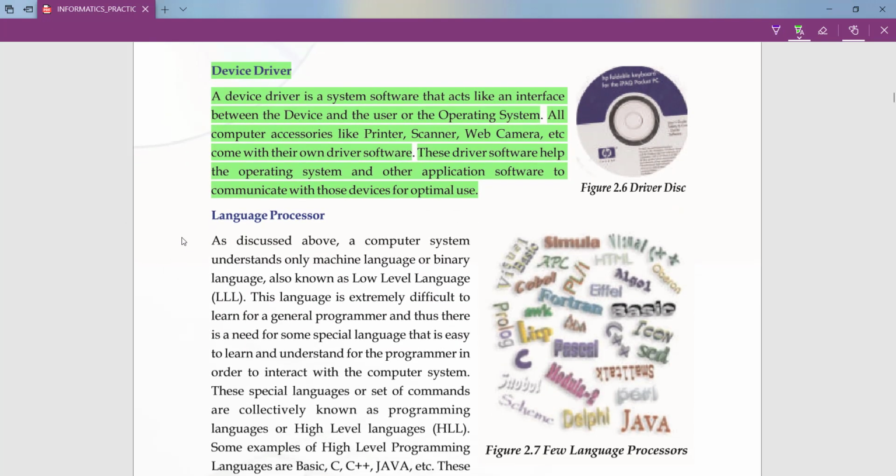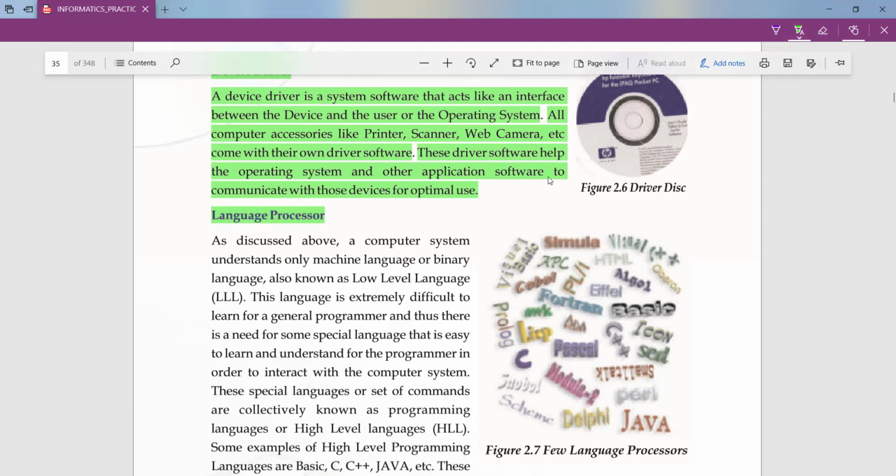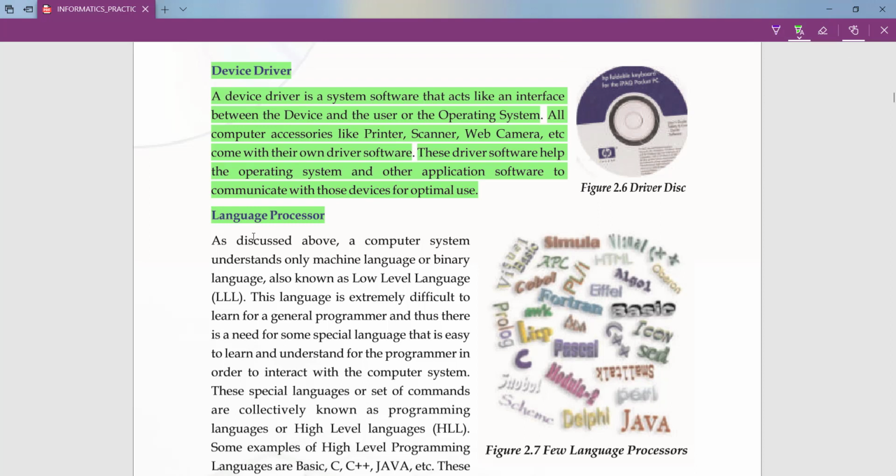Now next comes the language processor. So the next heading is language processor. First you should understand what the language processor is. According to the name, a language processor processes only the language.